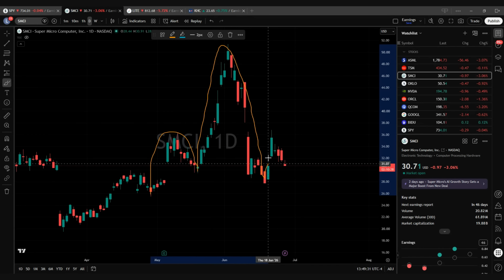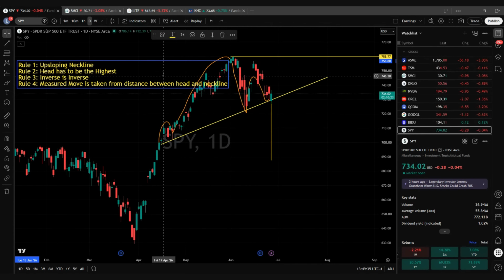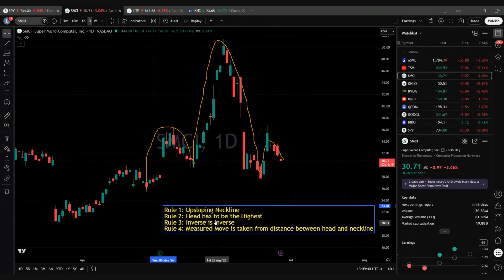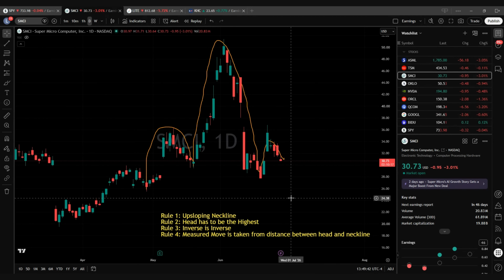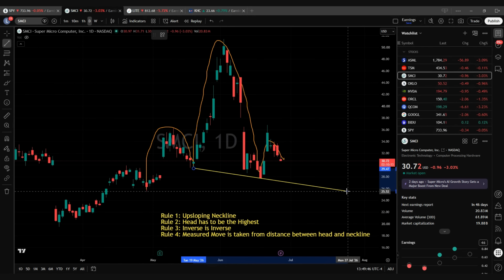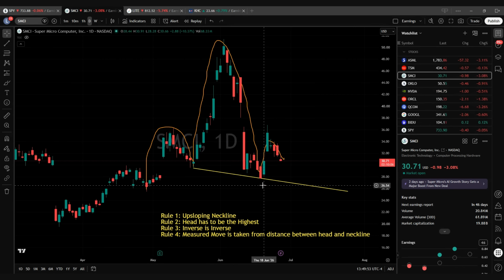Very obvious and clear head and shoulders pattern. But let me copy this, go here. Remember the rules. We need to follow these rules. Let's start with rule 1. Does it have an upsloping neckline? No, it has a downsloping neckline.